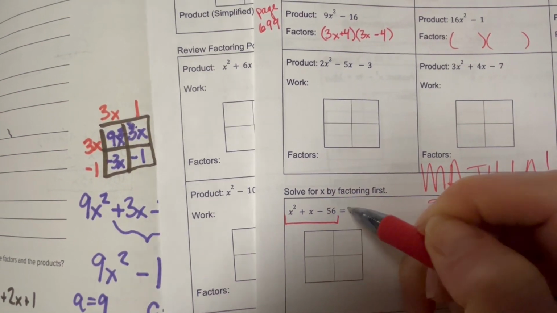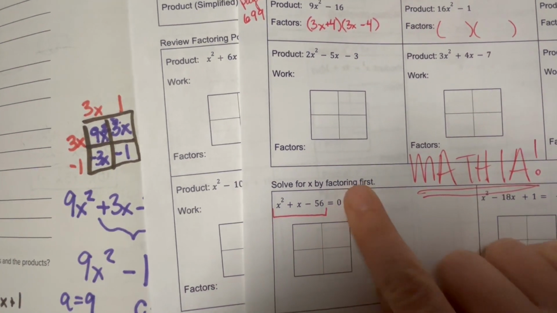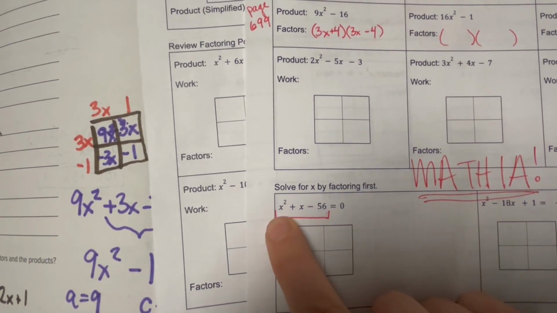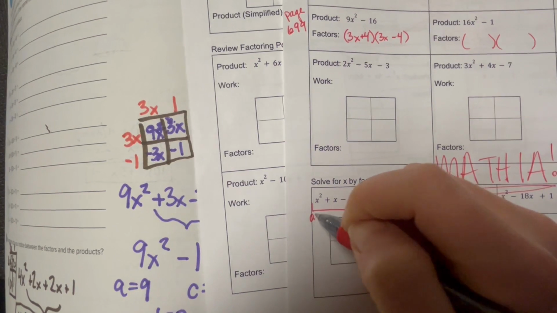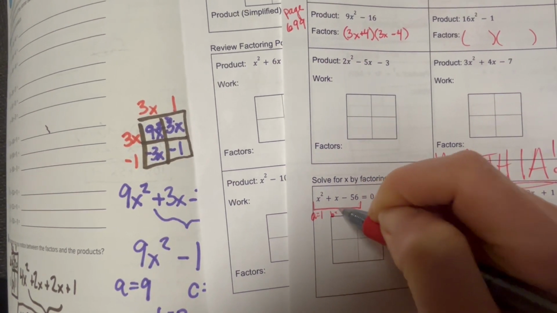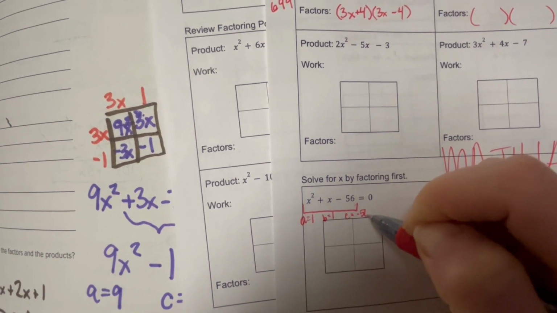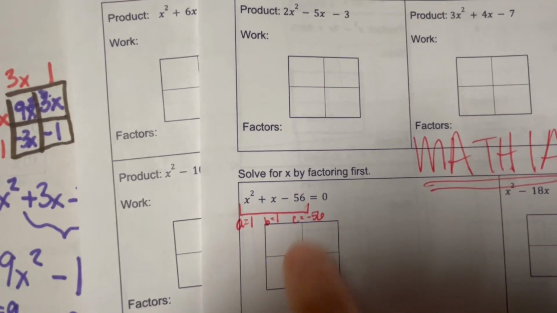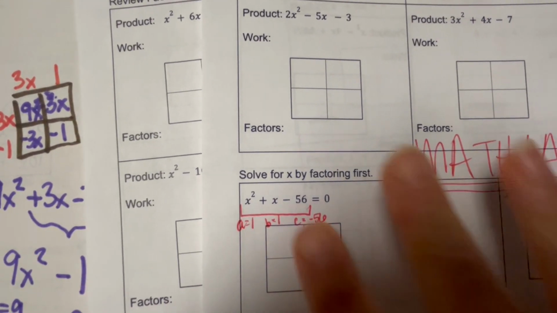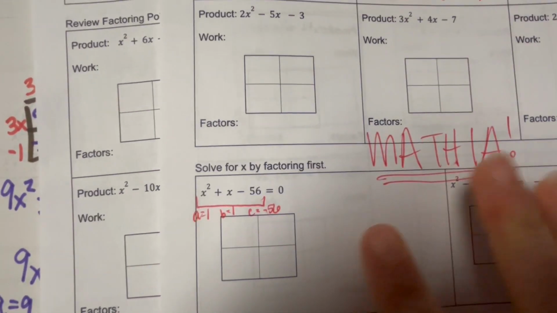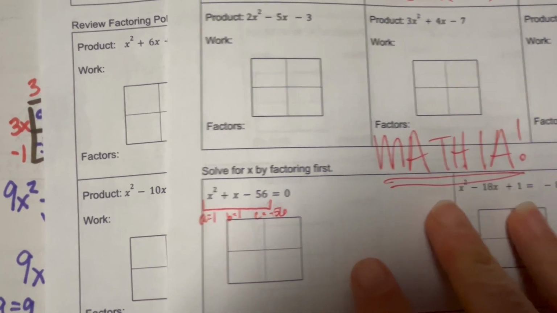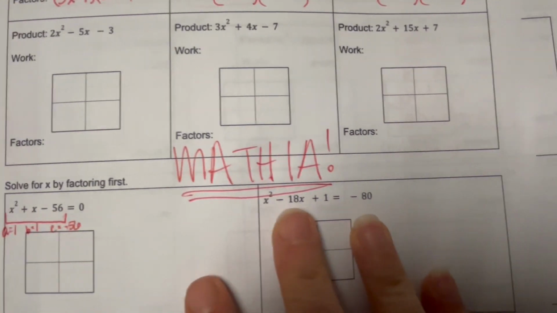This is now an equation. So you have your A is 1, your B is 1, and your C is negative 56. So these are the numbers we've been putting into the box. Now the reason this is a little bit separate, and this is going to be our next learning intention, so don't worry if you don't get to this or understand it.